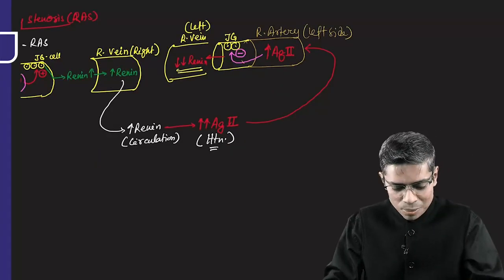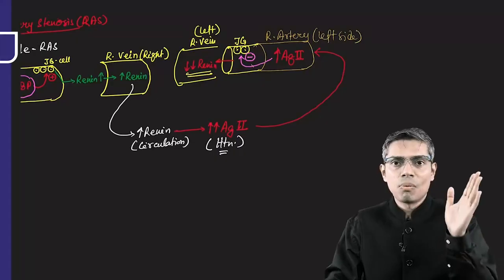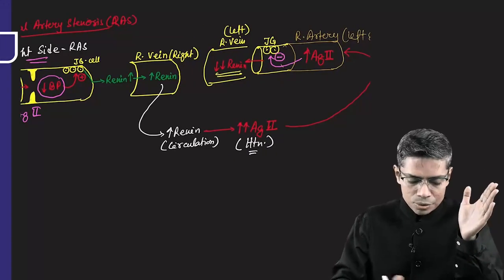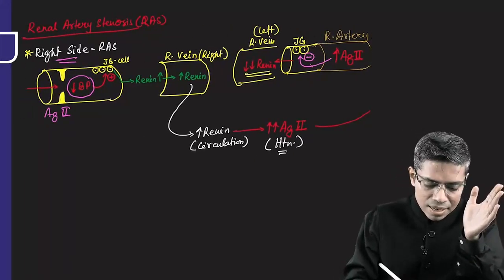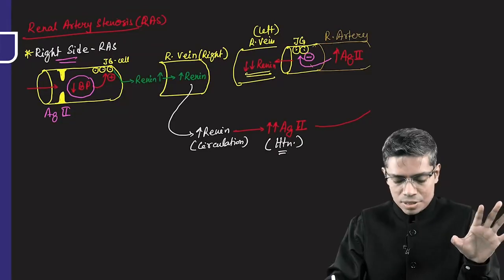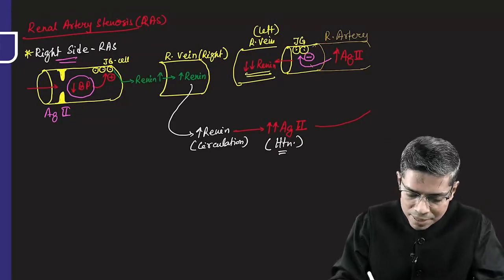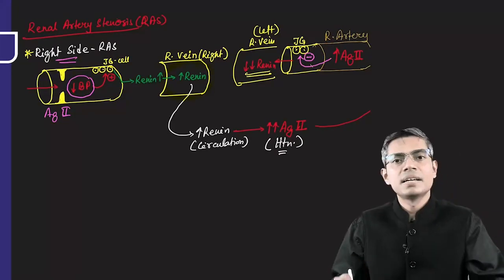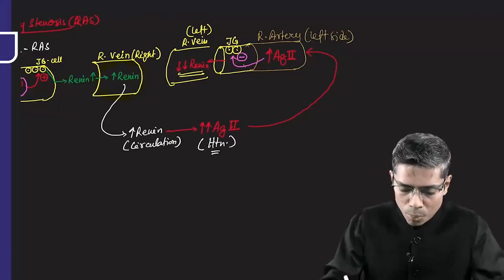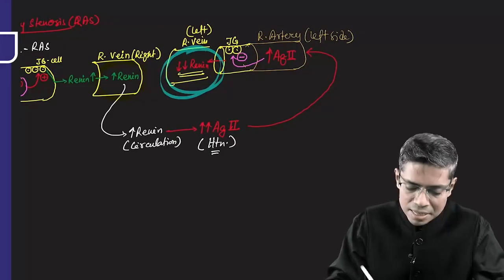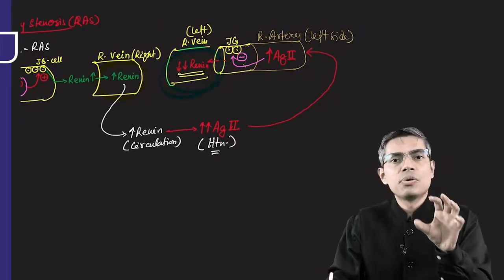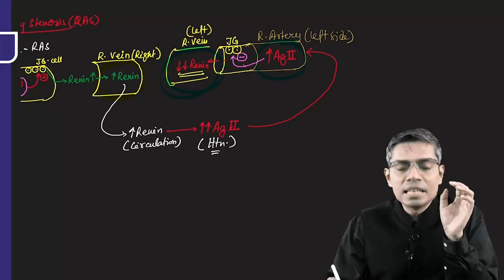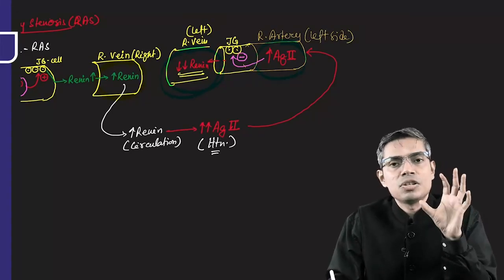So now you look at, whenever there is a stenosis on one side, here in these cases, right-sided renal artery stenosis, renin level is very high on the same-sided renal vein, but opposite-sided renal vein renin level is low. This low is due to inhibition by high level of systemic angiotensin 2.